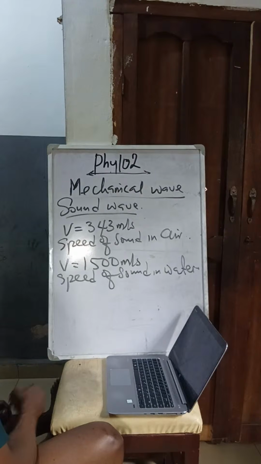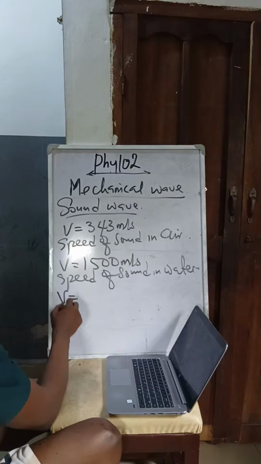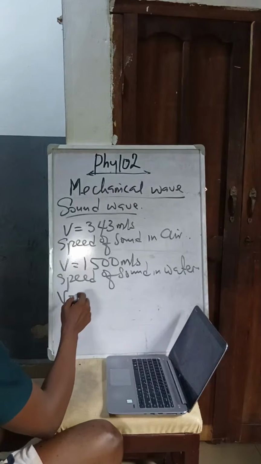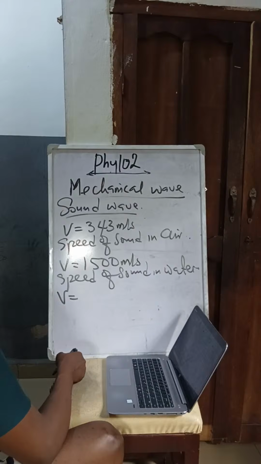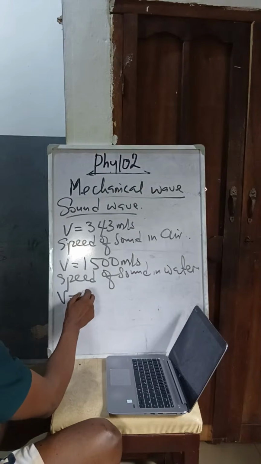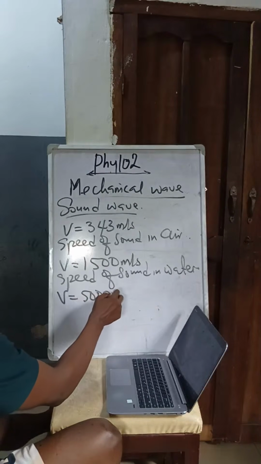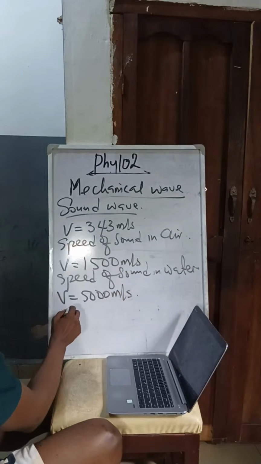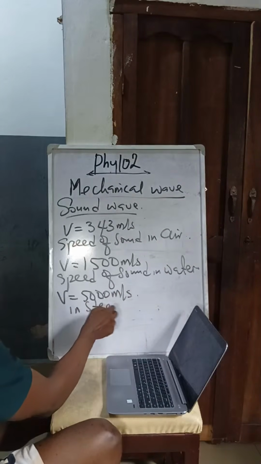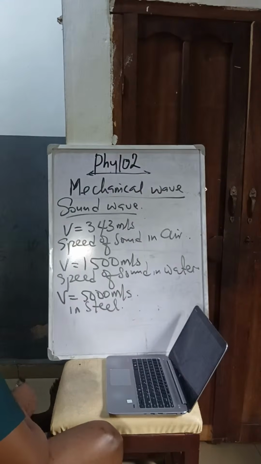And the speed of sound in steel is approximately 5,000 meters per second.